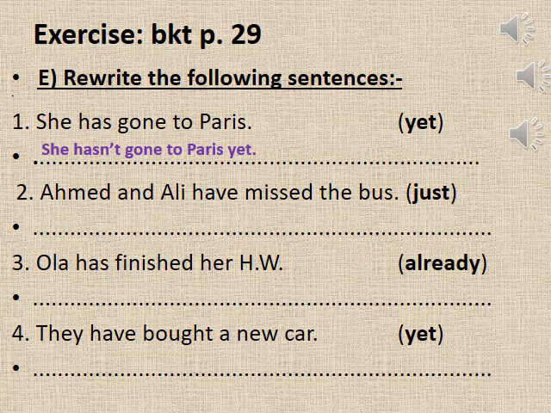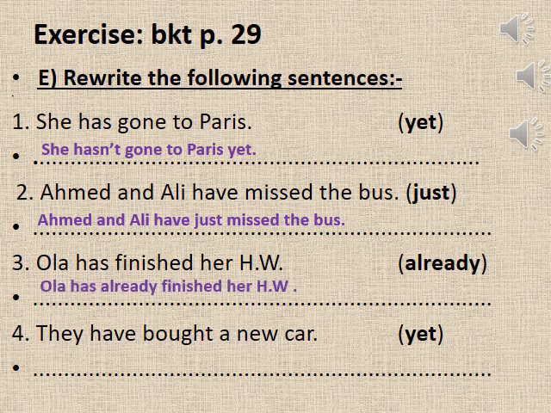Number 2, Ahmed and Ali have missed the bus. Use just. We said that just comes after has or have and before the past participle. So the answer will be, Ahmed and Ali have just missed the bus. Number 3, Ala has finished her homework. Use already. Ala has already finished her homework.